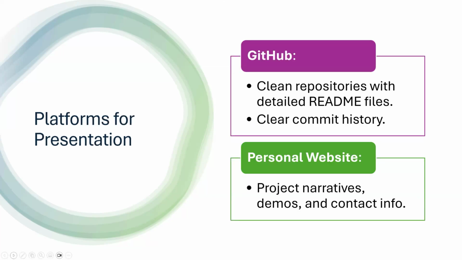So what are those platforms for presentation? There are two modes. You can use GitHub, which is free, where people can see what you have been doing day to day, year to year, because there's a commit history there. People can see what you have done in the last 1 year, 2 years.